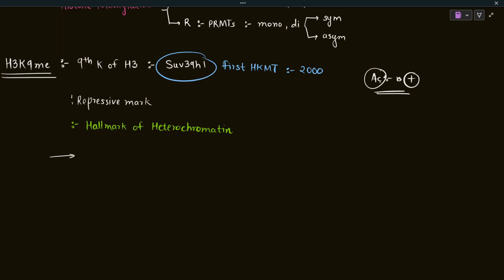Due to the addition of the acetyl group, the histone-DNA interaction gets weak, leading to more exposed DNA. This makes the DNA accessible, so we consider acetylation an active mark because it leads to activation of the gene.